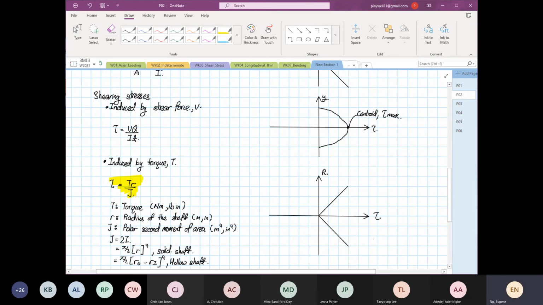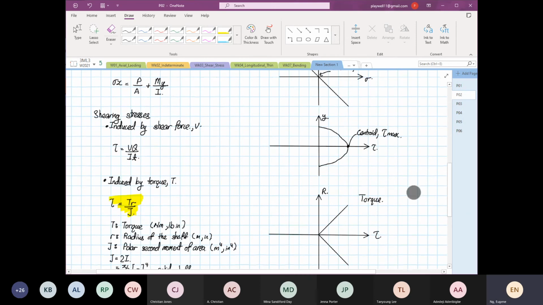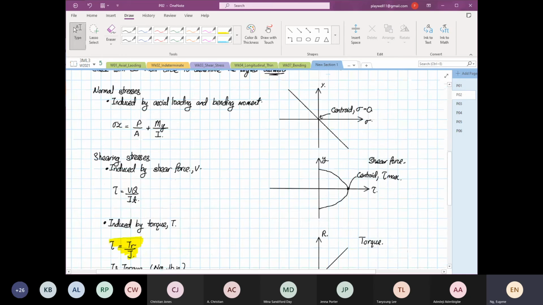So this is the distribution for the shear. Now this is due to torque. This is due to shear force. This is a combination of axial and bending moment.